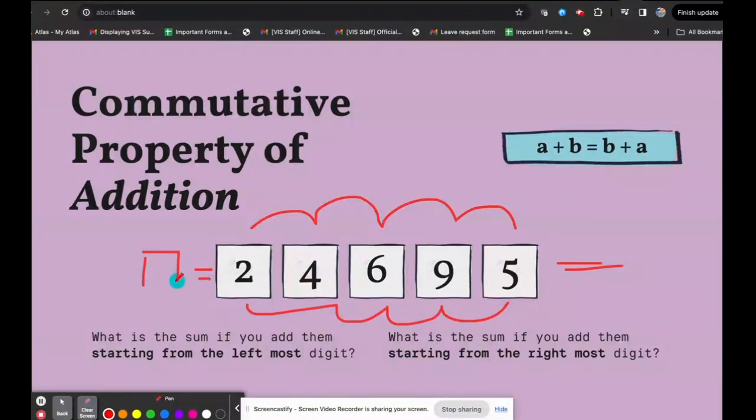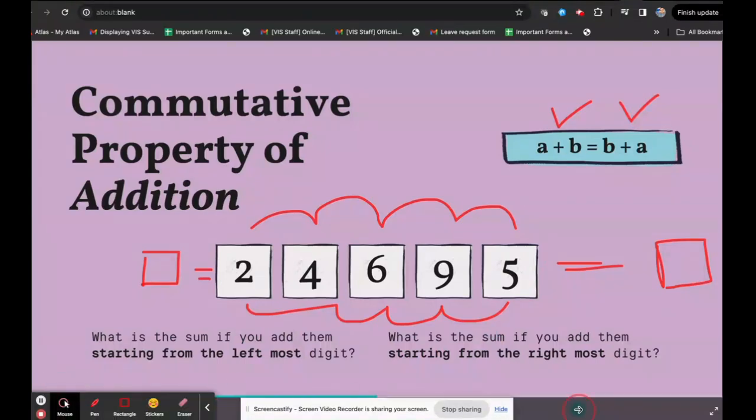So both the answers will be the same. It means that changing the order in addition doesn't affect the answer. It means a plus b is equal to b plus a. Let's move to the next slide.